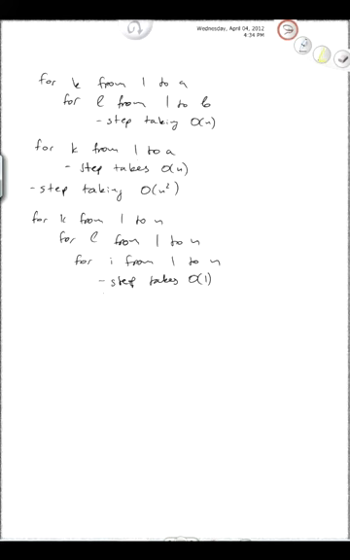And then outside of all 3 for loops, I have a step that takes, let's say, O of A, B, N time.